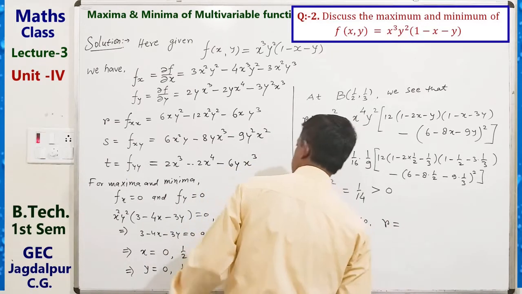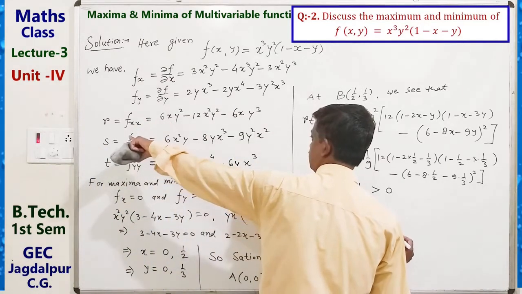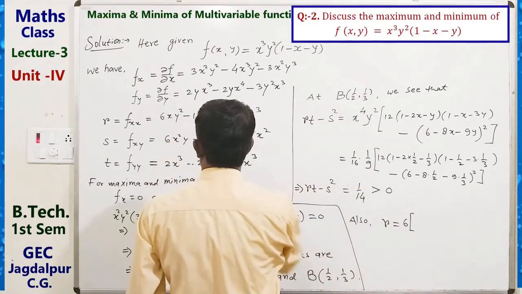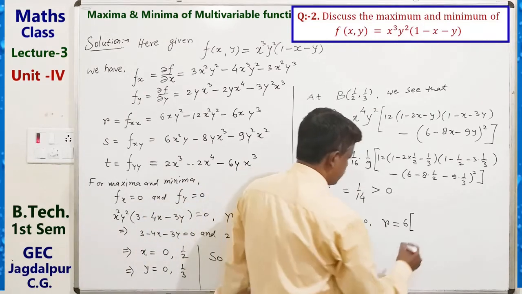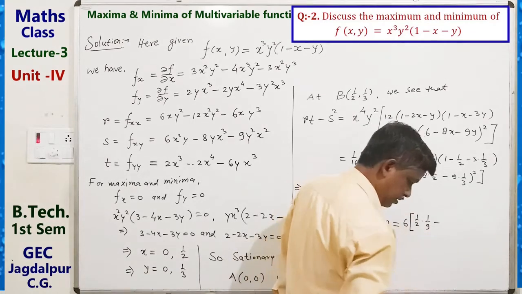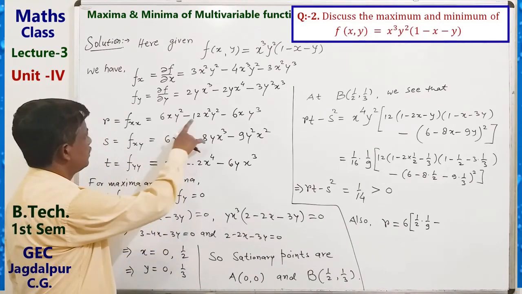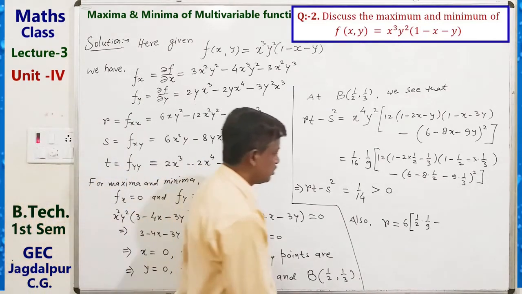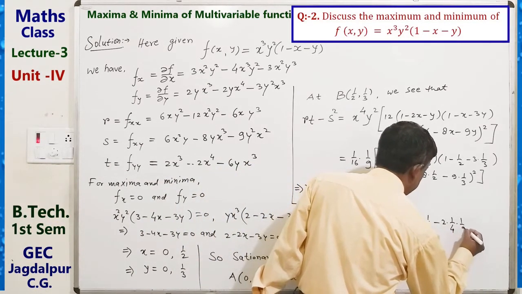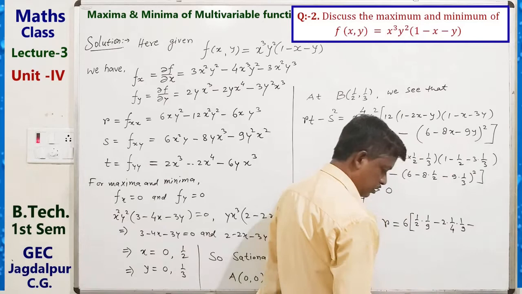just see here, R equals to what? Here 6 can be taken common, and x y square means x is 1 by 2, y square means 1 by 9, minus 2 x square y square, minus 2 into 1 by 4, 1 by 9, and minus 1 by 2, 1 by 27.